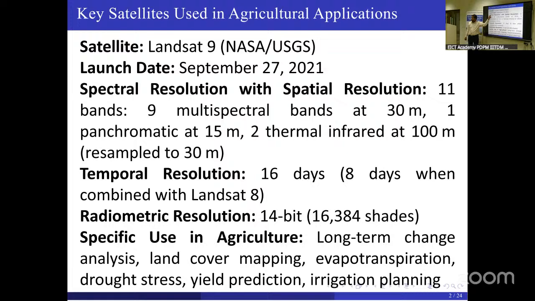So which one has high resolution, Sentinel-2 or Landsat 8 or 9? Yes, Sentinel-2 has high resolution. In Sentinel-2, what resolution do we have? The spatial resolution is 10 meter for our bands of interest, RGB, NIR, and red edge.